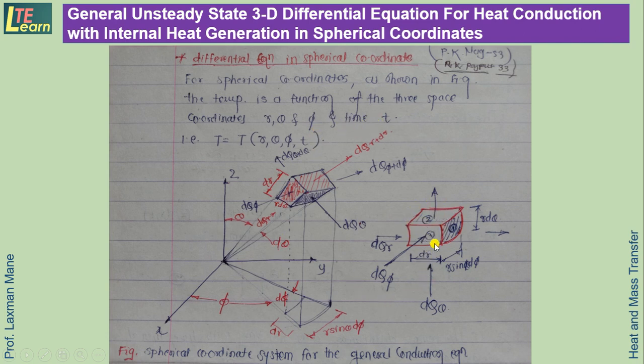Here is a view of the spherical element, in which dr is this side, r d theta is one side, and r sine theta d phi is the third side. So the volume of this element will be dr times r sine theta d phi times r d theta. This will be the elementary volume.